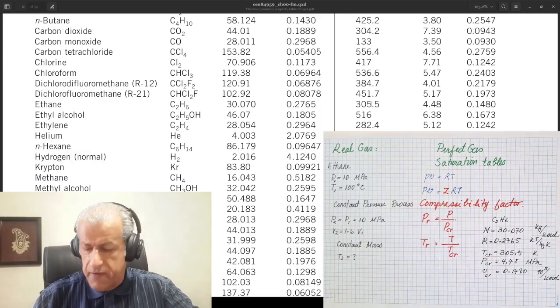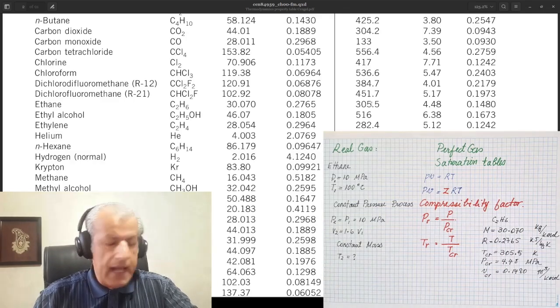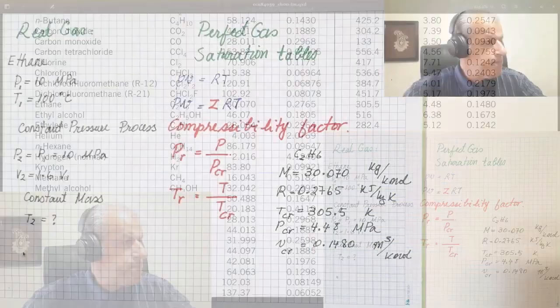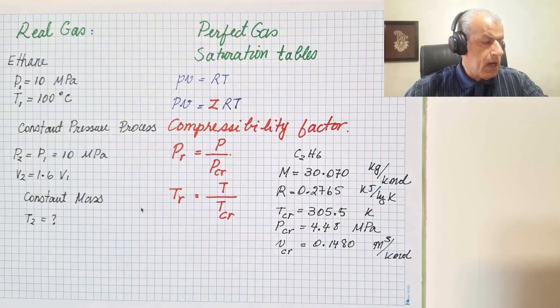If we assume perfect gas, then our calculation would be very simple. How do we do that?